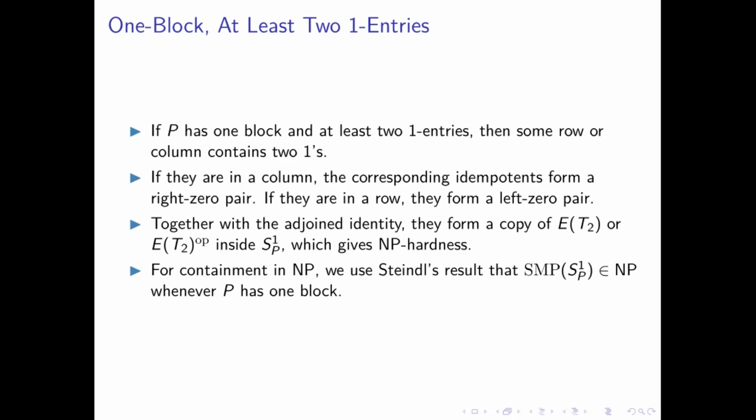And hence, SIP in this case is NP-hard. And for containment in NP, again, we use the standard result that SMP of S to the 1 is in NP whenever P has one block.